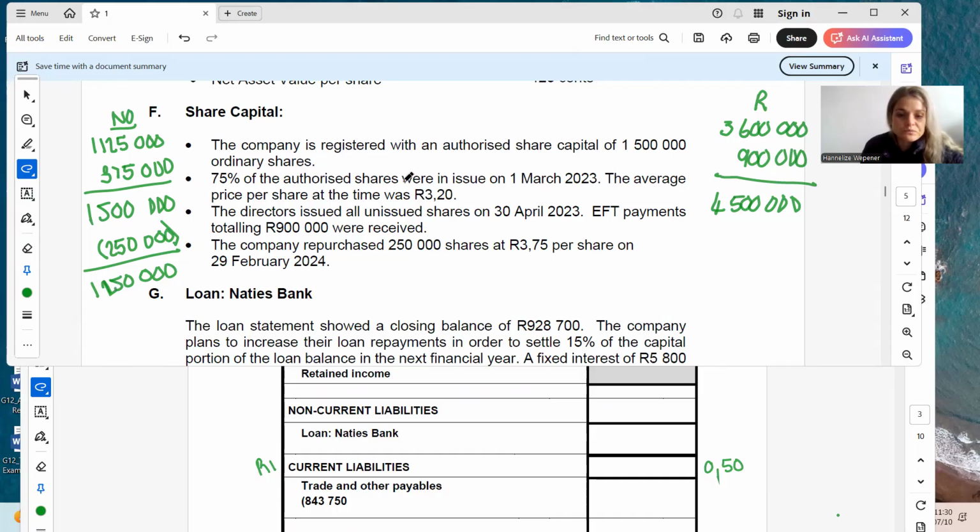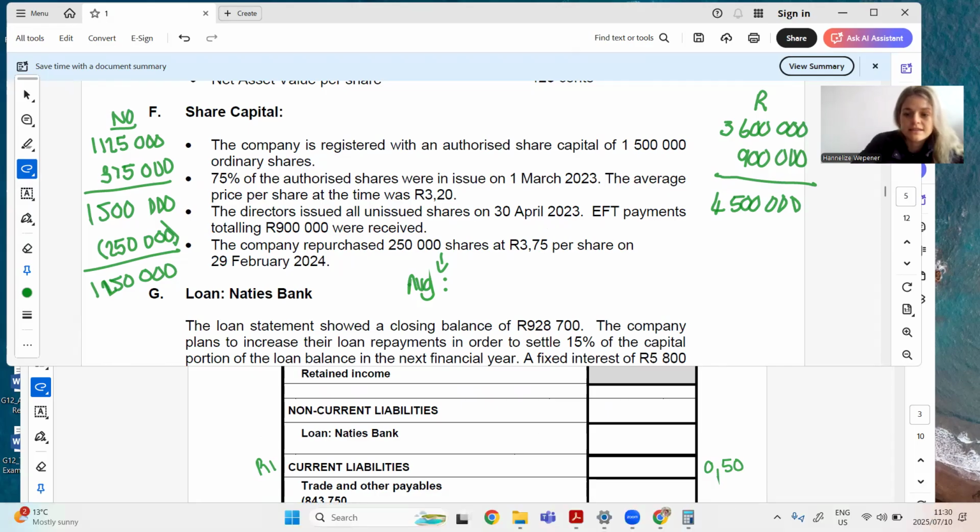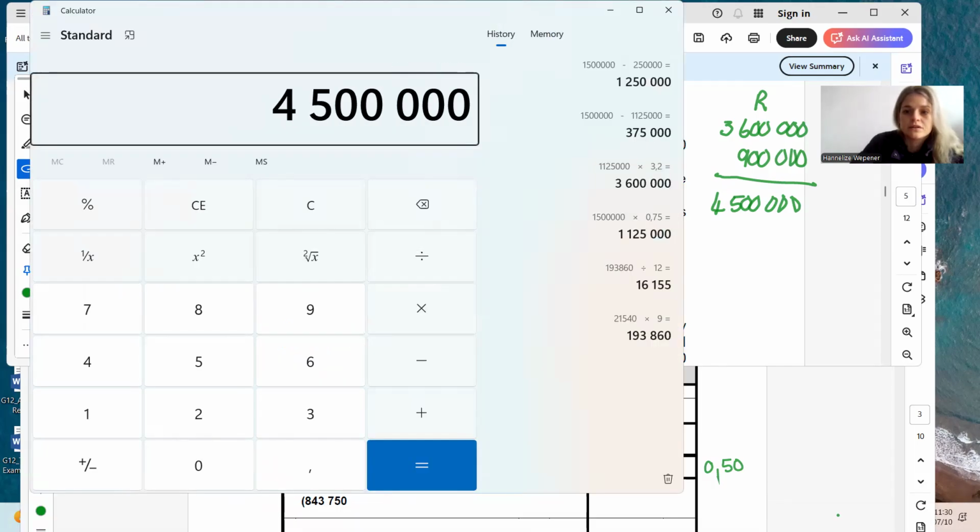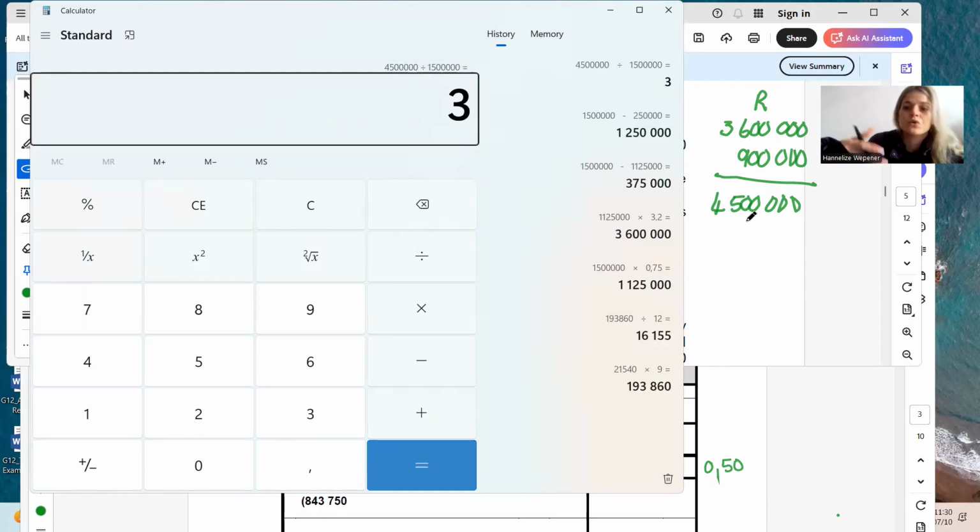Okay, right. So remember that you can only remove from your ordinary share capital whatever you put into that account. That is why you now at this point have to calculate the average share price. The average share price is your 4.5 million total ordinary share capital divided by the number of shares you had in issue when that was your ordinary share capital.